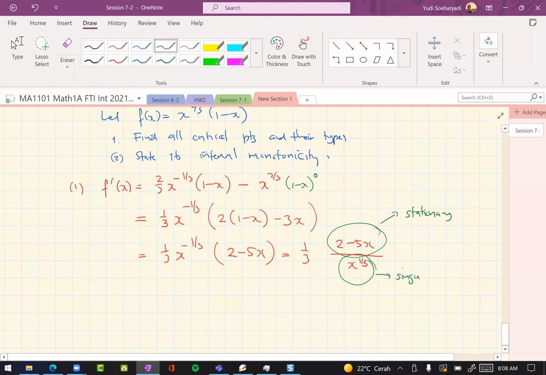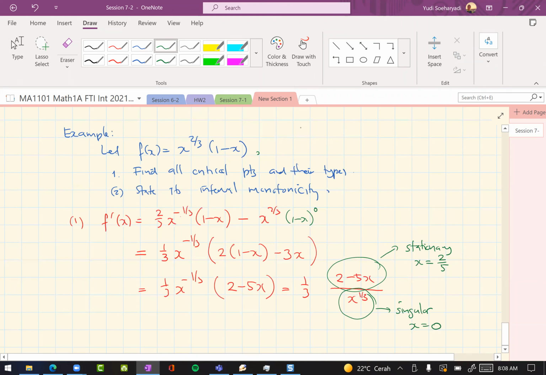This happens if x equals 0, and the numerator is 0 when x equals 2/5. The function is defined for all real numbers.